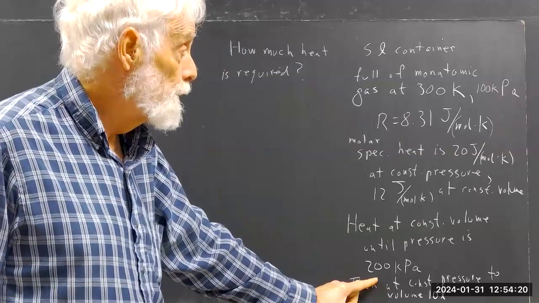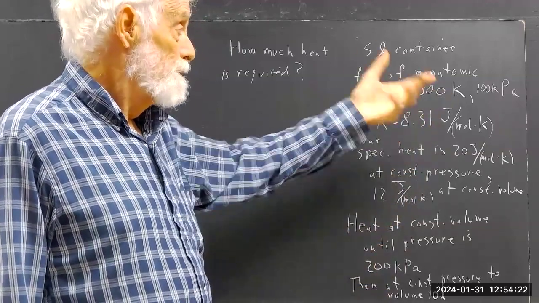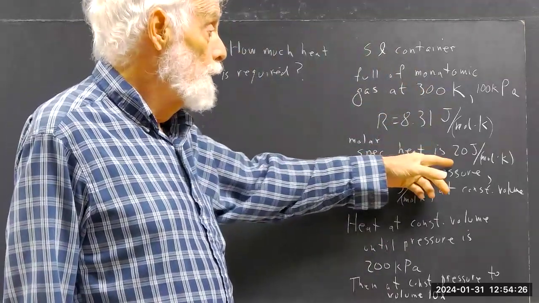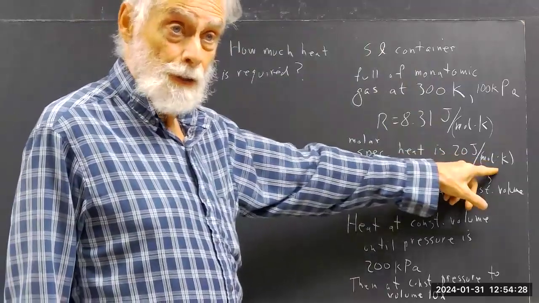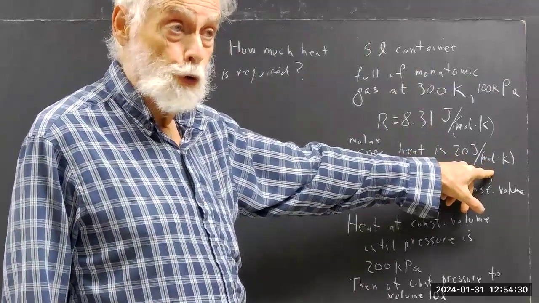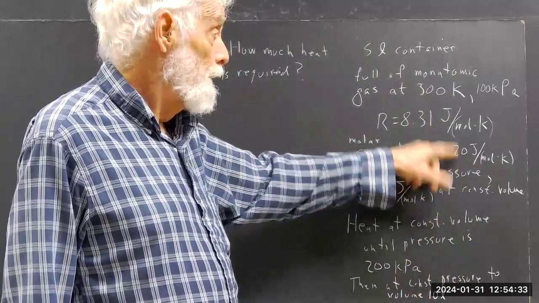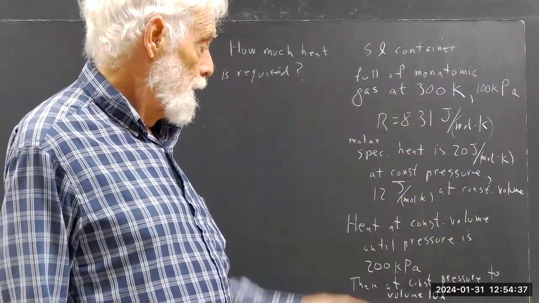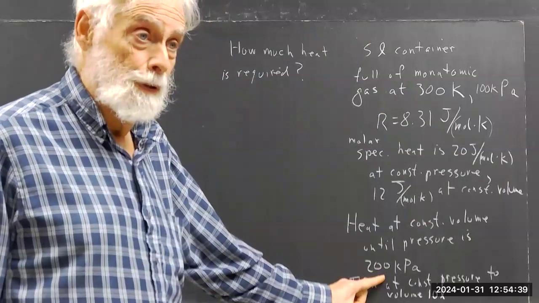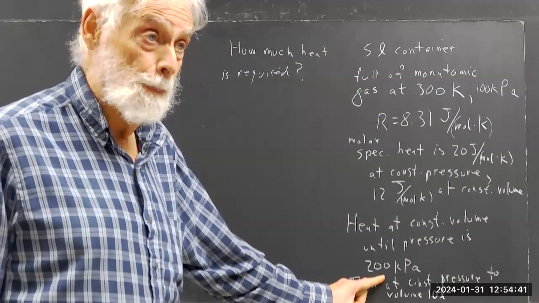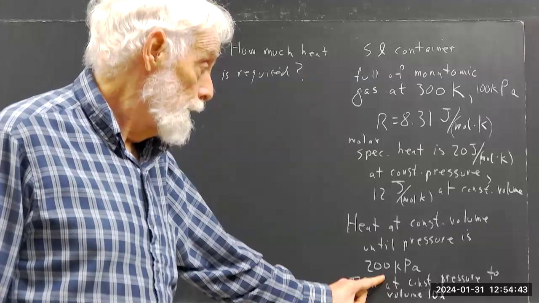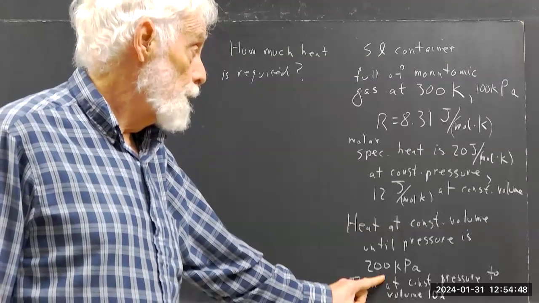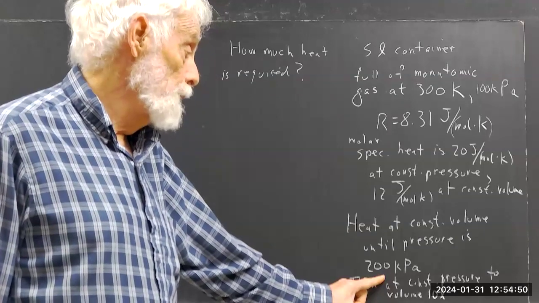Means we're going to have to raise it another 300 Kelvin, at 4 joules for every Kelvin, because that's what we get for 0.2 moles. We get 1200 joules. Okay, so again, to double the pressure, we got to double the temperature at constant volume. So we get around 1200 joules.